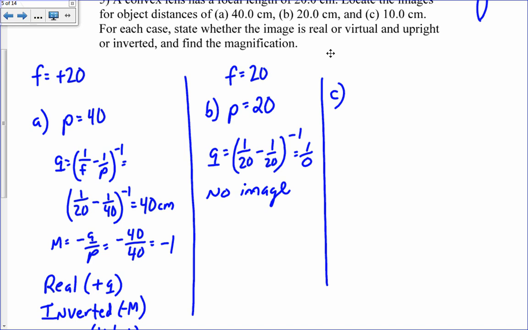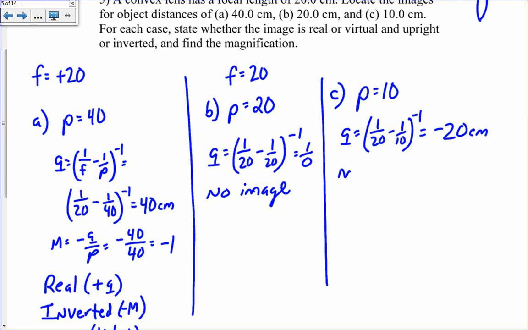And P equal 10. Q is 1 over F, that's 1 over 20 minus 1 over 10. And so that gives me a Q of negative 20. Magnification, negative Q over P, is plus 2.